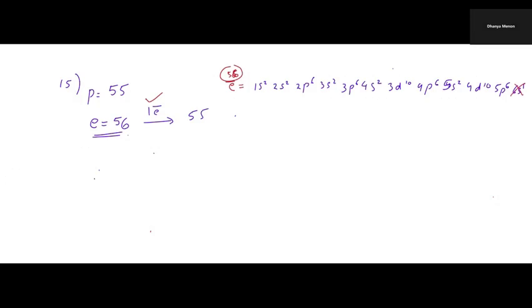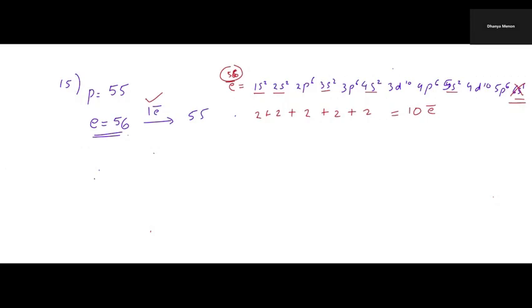Now we have to check how many electrons are there in the s orbital. First I'll underline the electrons in the s orbital. So 2 plus 2 plus 2 plus 2 plus 2, which is equal to 10 electrons. We didn't take the 6s1 electron, because it's a unipositive ion. So the answer is 10.